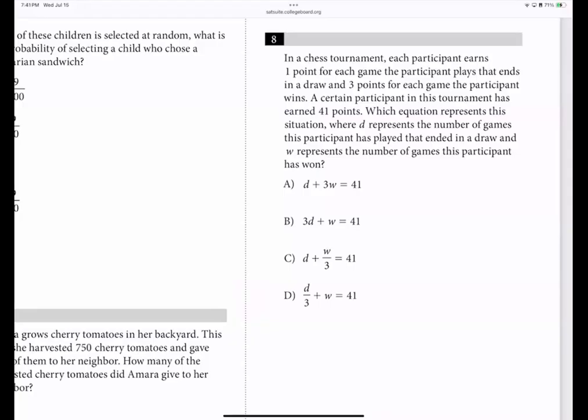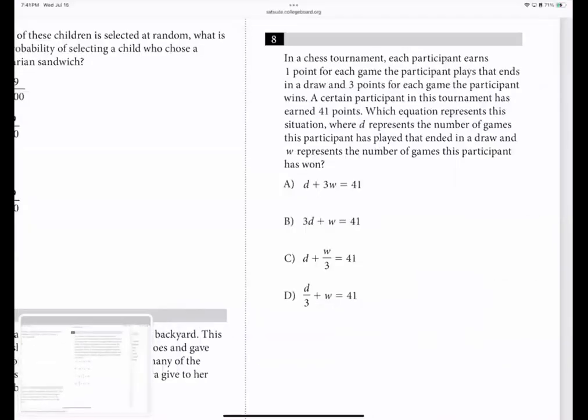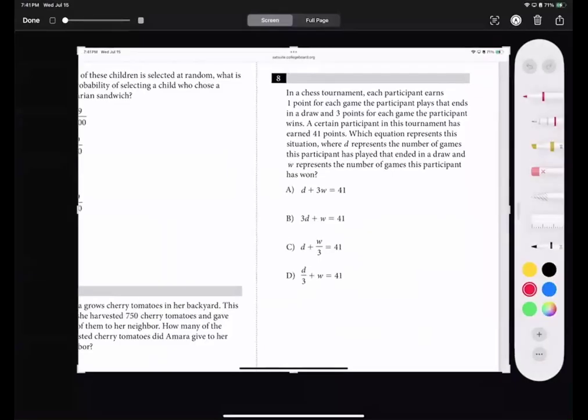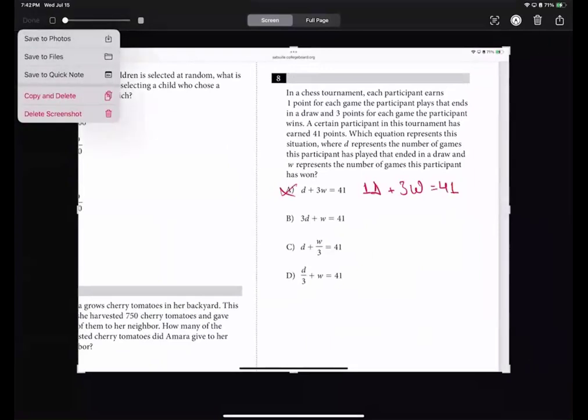Which equation represents the situation where D represents the number of games this participant has played that end in a draw, and W represents the number of games this participant has won? So, quantity times value. Each draw is 1 plus each win is 3, total 41. Is that okay? So, super easy.